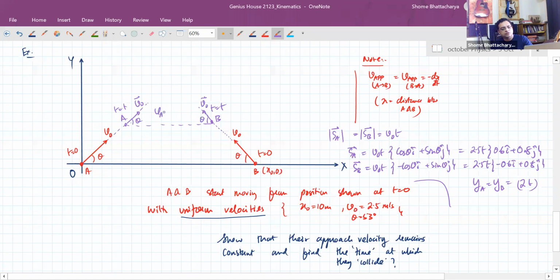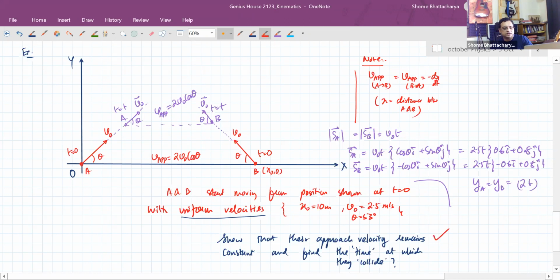So the approach velocity at this time is also 2v naught cos theta. And at the earlier t equal to 0 also, you can see that the approach velocity was 2v naught cos theta.